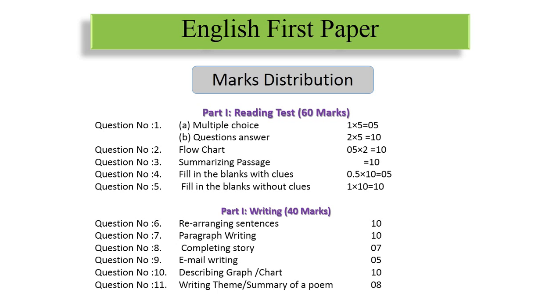It means that there will be a passage based on your first paper passage, and the question will be like this, and you will have to write down 5 points in boxes.